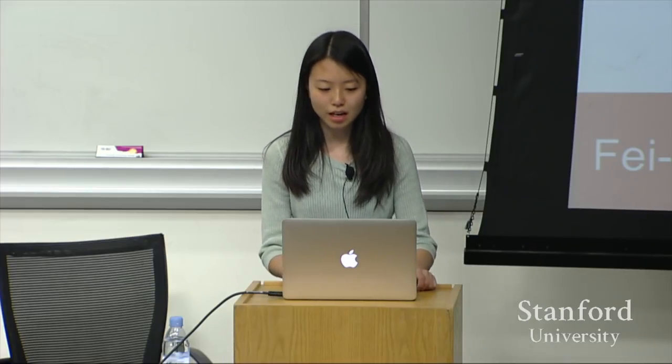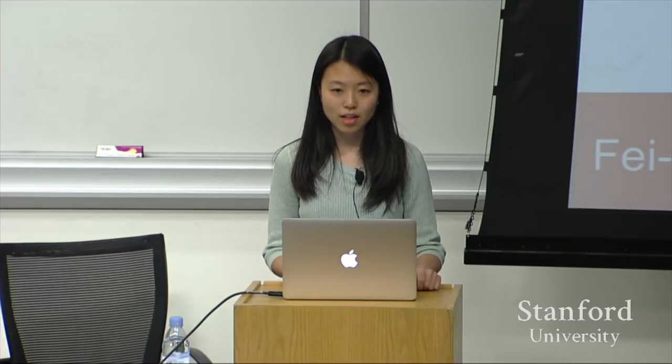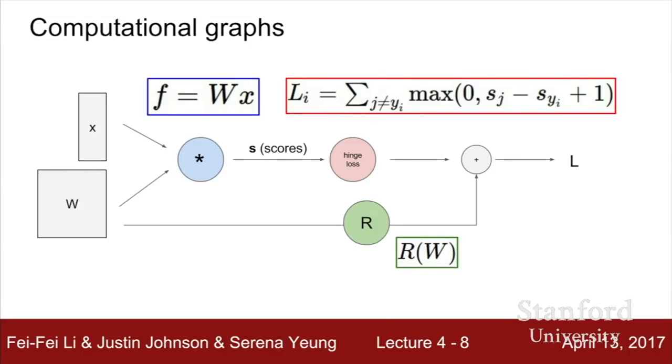So today we're going to talk about how to compute the analytic gradient for arbitrarily complex functions using a framework that I'm going to call computational graphs. Basically, we can use this kind of graph in order to represent any function, where the nodes of the graph are steps of computation that we go through.